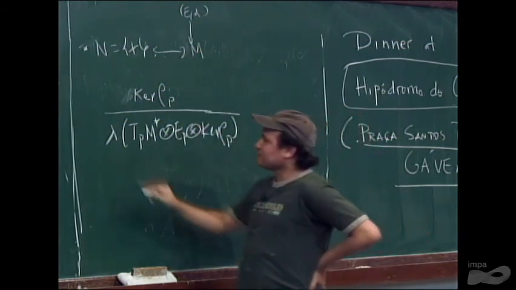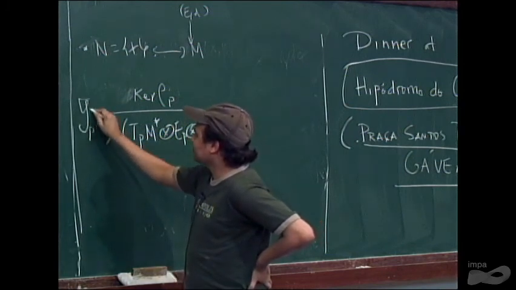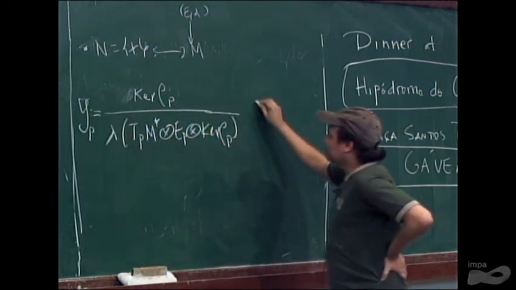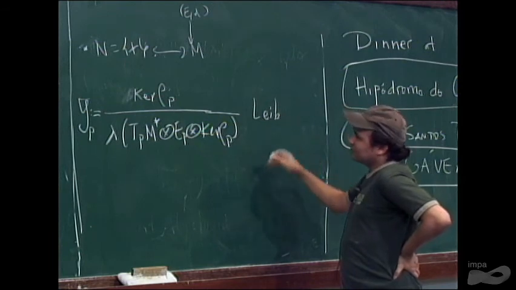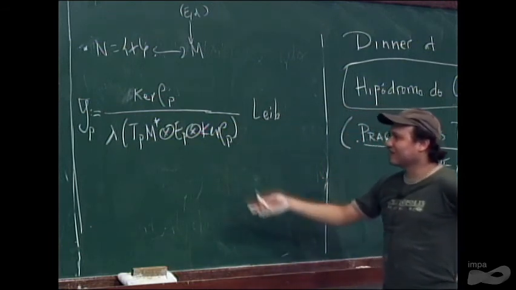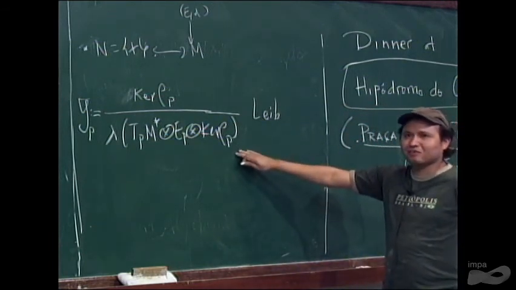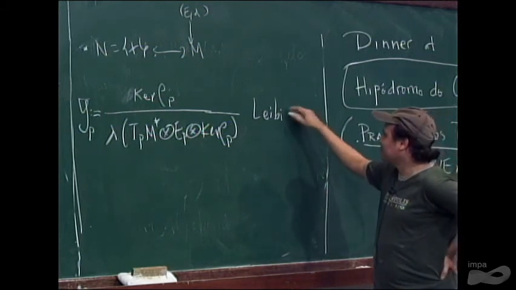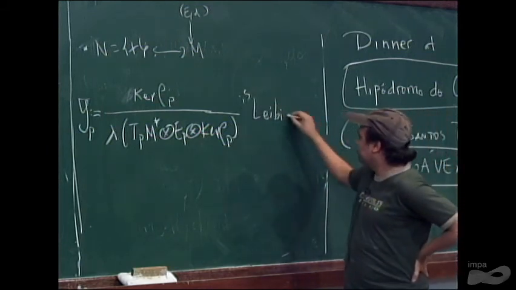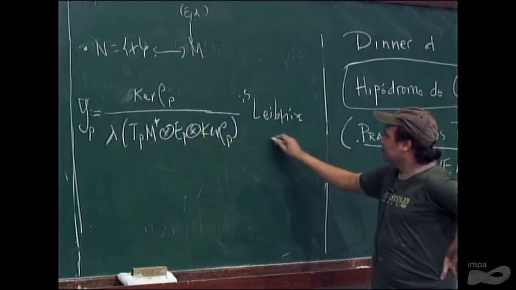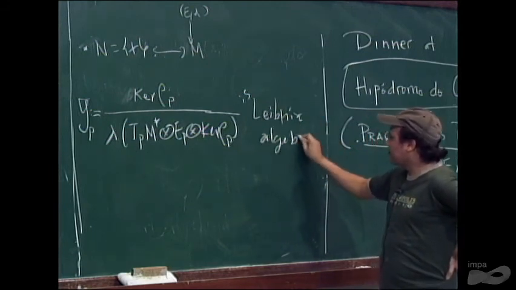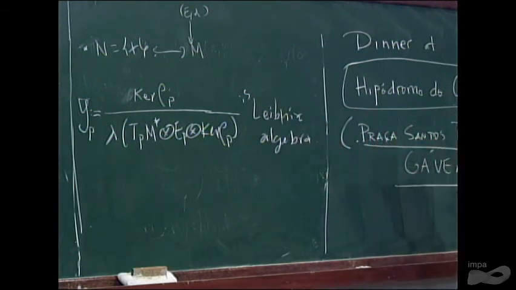So this thing here always has a bracket, and a bracket that's not skew-symmetric but satisfies the Jacobi identity is called a Leibniz algebra. So this thing is a Leibniz algebra.